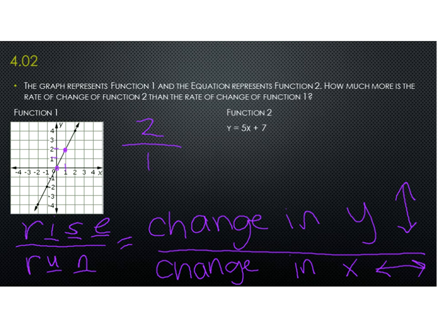That is going to be a run of 1. So rise of 2 over run of 1 represents a rate of change of positive 2. Another way to tell that it's positive is because this line is going up from left to right. That is a positive slope. If it was going down from left to right, that would be a negative slope.